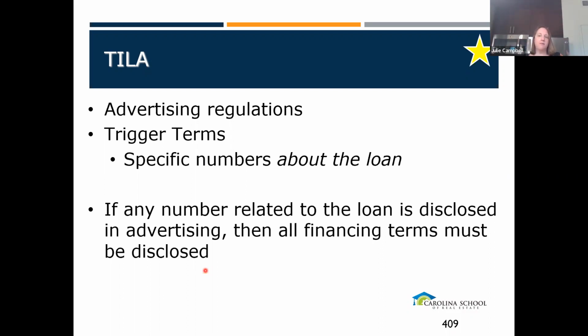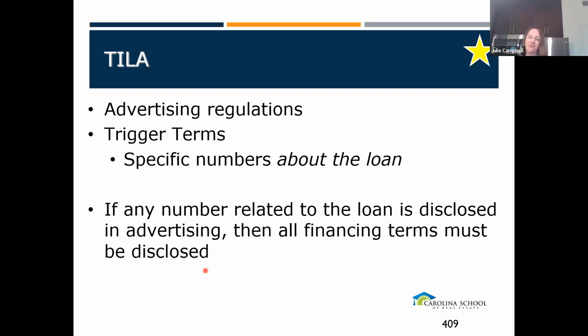And TILA says if the lender's going to be bold enough to advertise a specific number, basically what they're offering is a one-size-fits-all loan product. Every single one of us on this call has a different credit history. We all have a different credit score. We all have different loan information. So we all would walk away with a different type of loan.